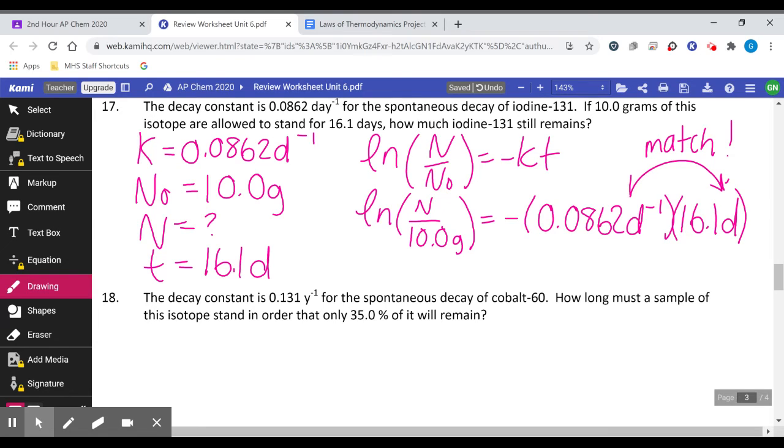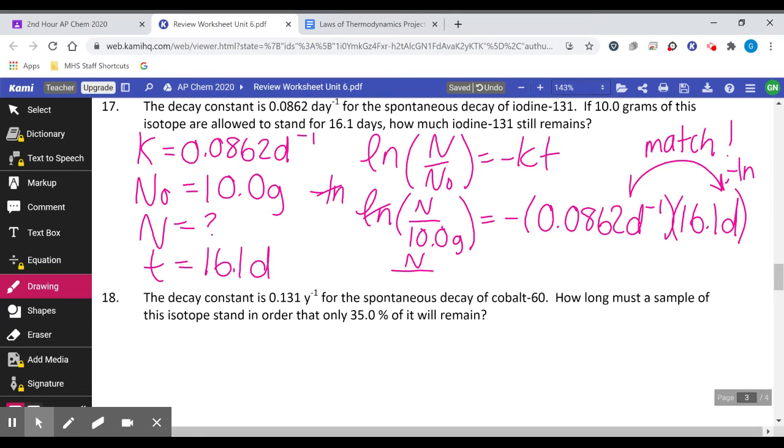Now to get rid of this natural log, we need to multiply it by the inverse natural log. It'll make it go away over here, but then I'll need to bring in inverse natural log on this side, which I will enter in my calculator. I'll hit the second function, natural log, and enter 0.0862 times 16.1 and get a number for that.